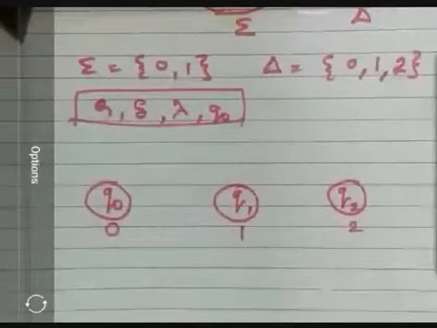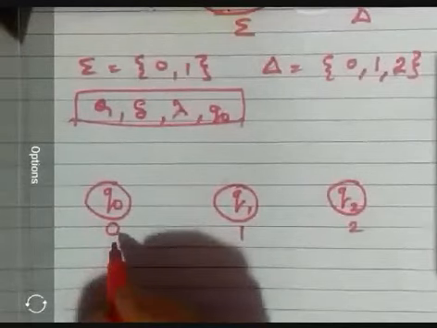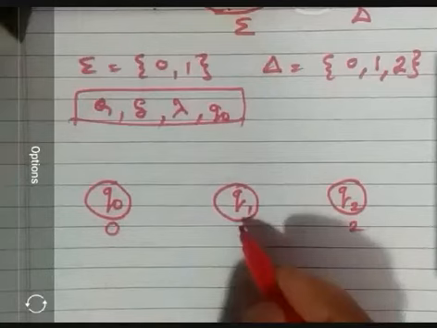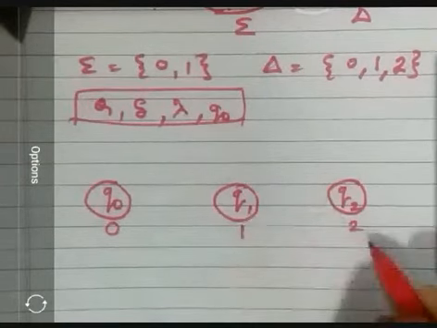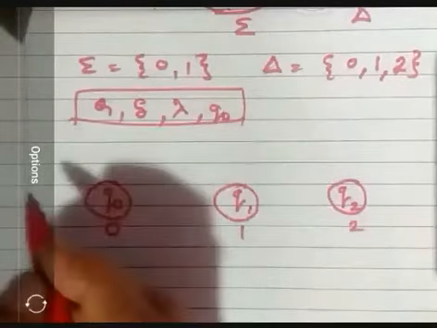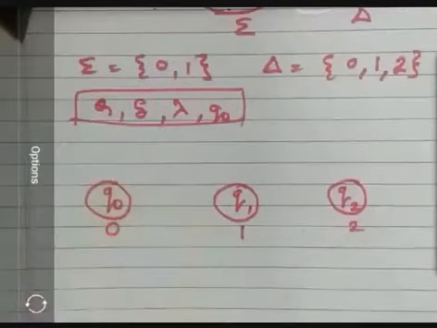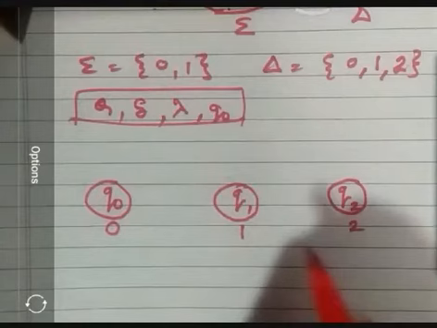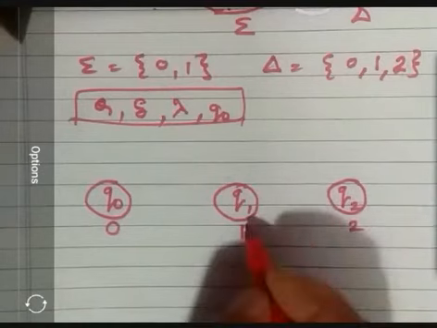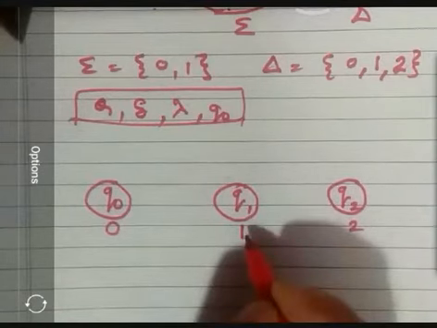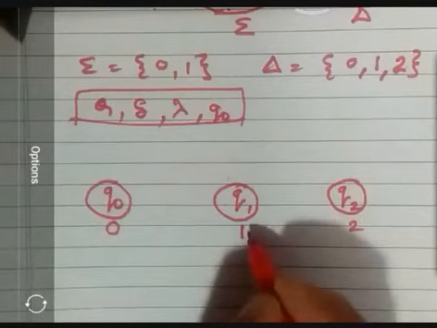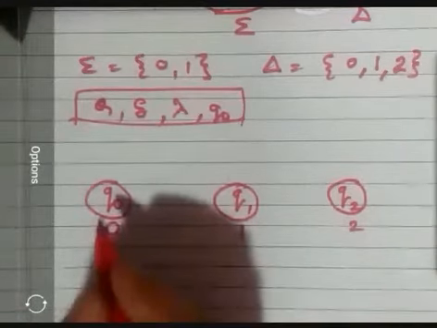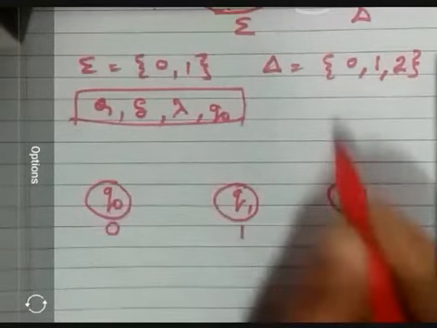Q0 is responsible for output 0, Q1 for output 1, and Q2 for output 2. That means after reading the total input binary number, whichever state we are at the end, its corresponding output symbol is the output. So we have represented 3 states with the outputs 0, 1, 2.